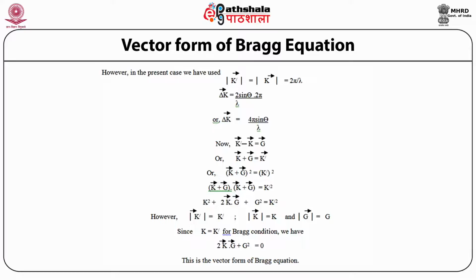However, modulus of K prime vector is equal to K prime, modulus of K vector is equal to K, and modulus of G vector is equal to G. Since K is equal to K prime for Bragg condition, we have twice K vector dot G vector plus capital G square is equal to 0. This is the vector form of Bragg equation.